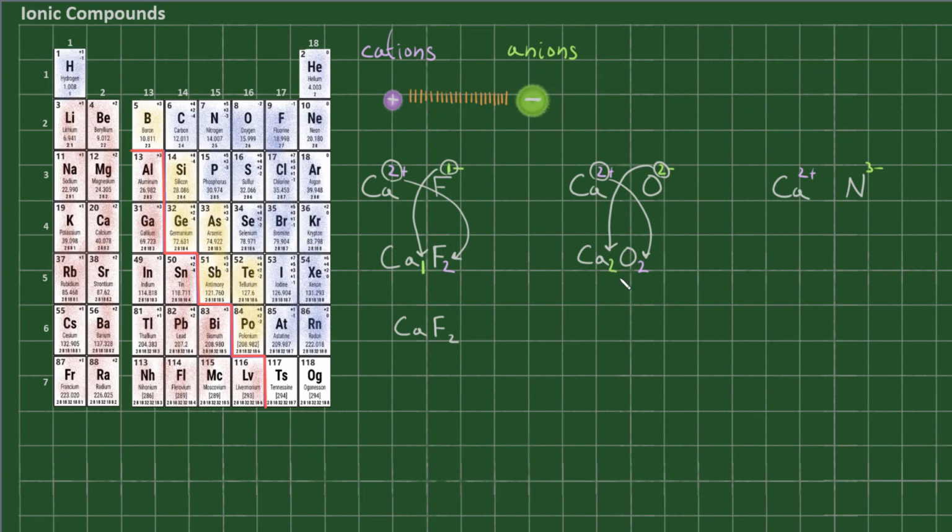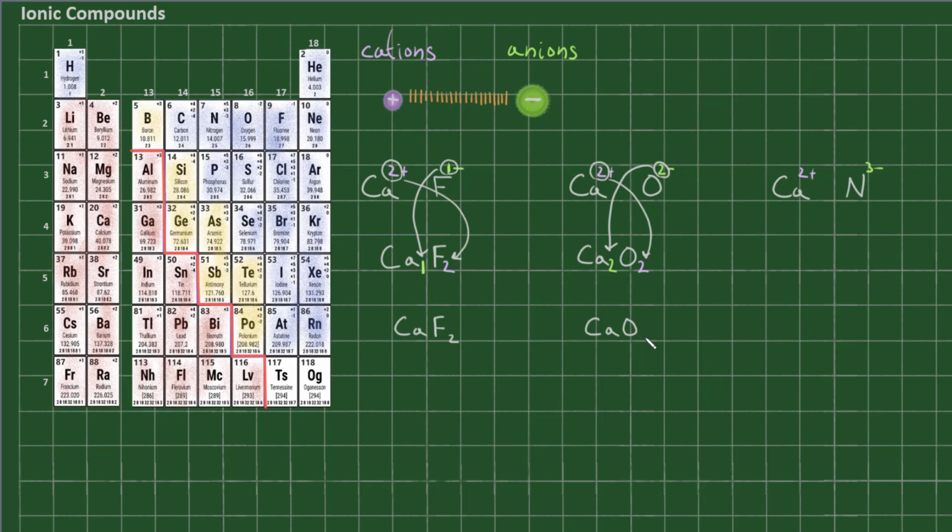So the ratio in which calcium and oxygen will combine is 2:2. This ratio can be simplified. 2:2 is the same as 1:1. So I can rewrite this formula as CaO. 1 calcium for each oxygen.